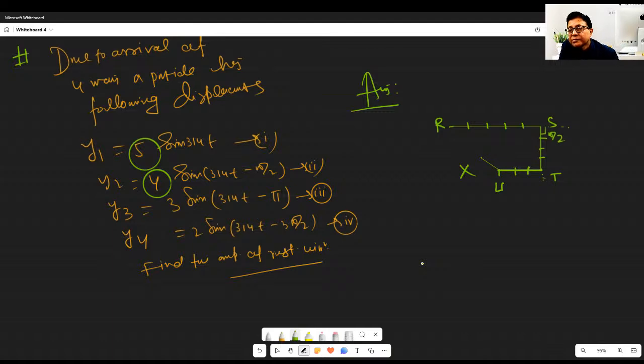Isn't it? How to find resultant now? Which rule you are going to apply? This is first, second, third, fourth. You get the resultant only. Just join this.